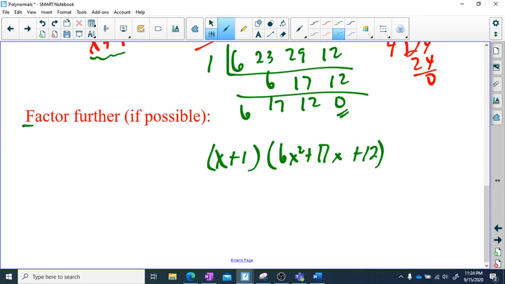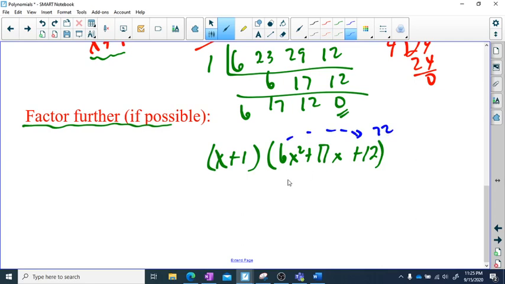Now then it says you always factor any further if possible. So if you start with a cubic and you do that division, you're going to get down here to squareds, which will then relate back to the factoring strategies that we reviewed in the opening video of our course. This is a hard trinomial. Let's see if it'll factor. 6 multiplied by 12 is 72. I want numbers that multiply to give 72 and add to give 17.